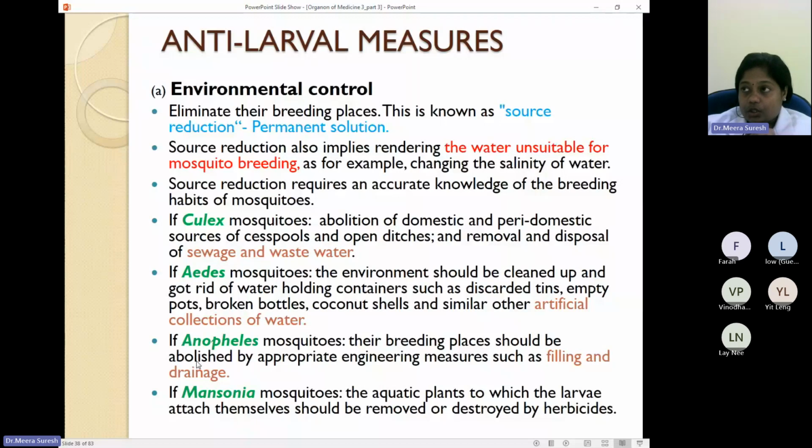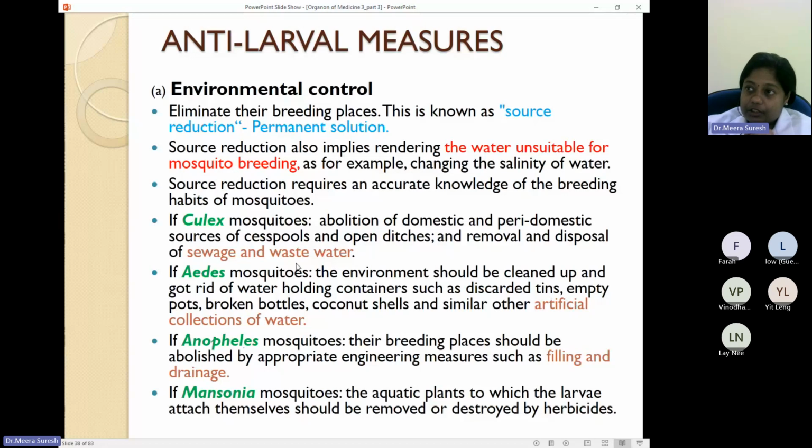And the Aedes mosquito, mainly for yellow fever, dengue, etc., is usually seen in artificial water collections. In our house surroundings we may be throwing out broken vessels, containers, bottles, even coconut shells and empty pots. Water collected in these artificial collections, the discarded tins, etc., is where the Aedes mosquito breeds.